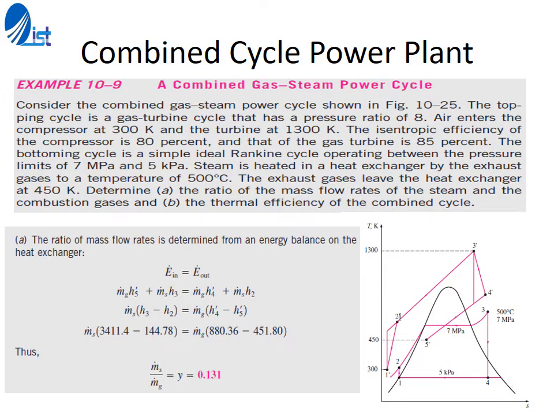To calculate the ratio of the mass flow rates of the gas and the steam, the mass flow rate ratio is represented by Y. So the mass flow rate of the steam divided by the mass flow rate of the gas is known as the ratio of the mass flow rate of the steam and the combustion gases.